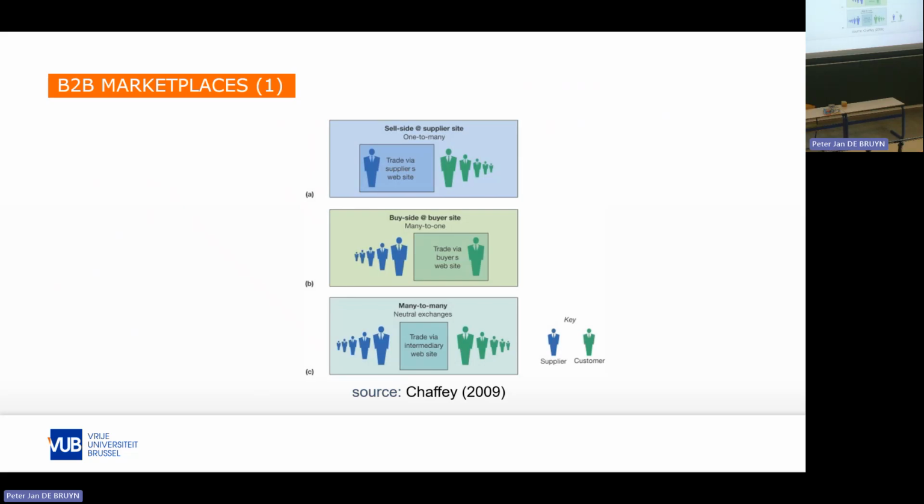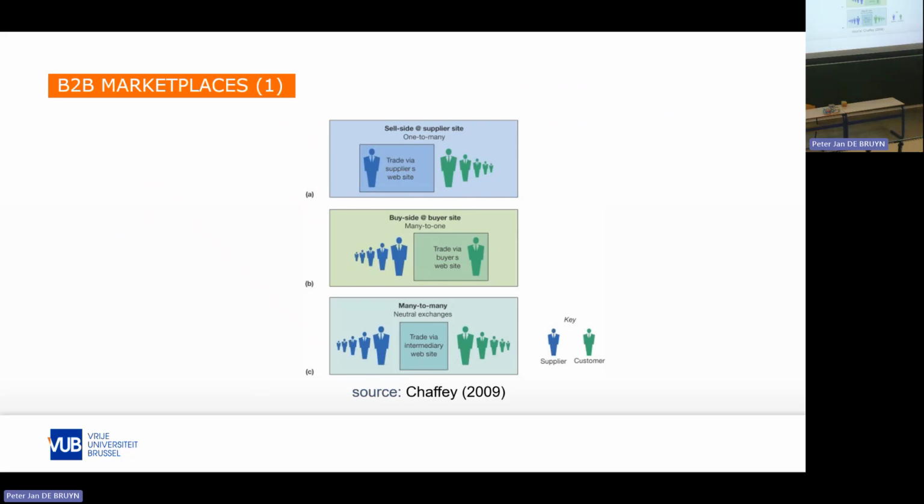So it's the seller who dominates, or the supplier provides his products on some kind of platform to many buyers. You can have it being dominated by the buyer. The buyer has the platform, and the providers, the suppliers, can come and visit the website.